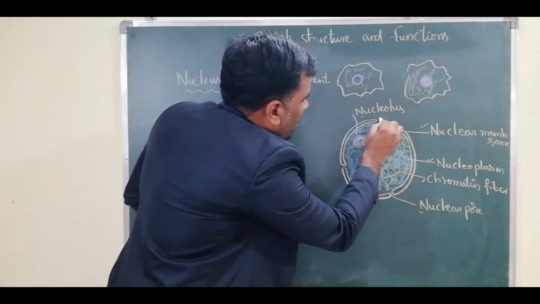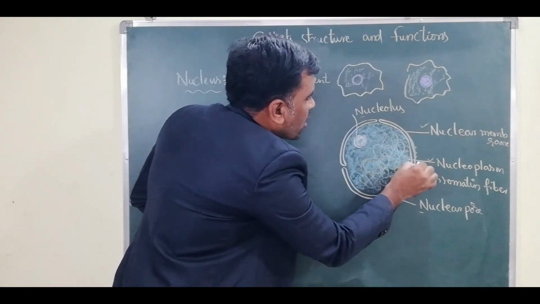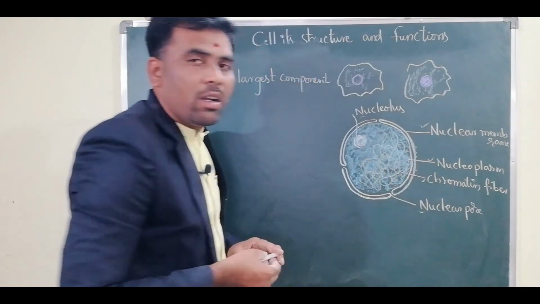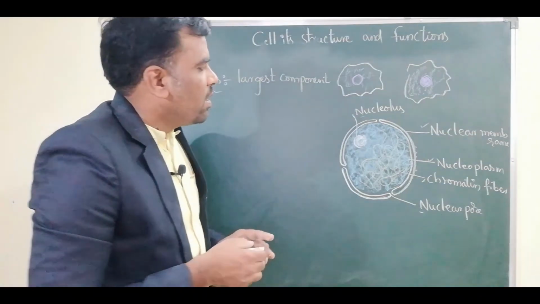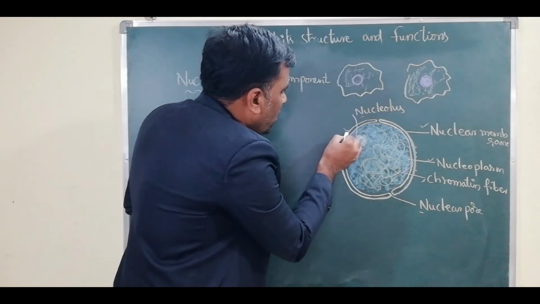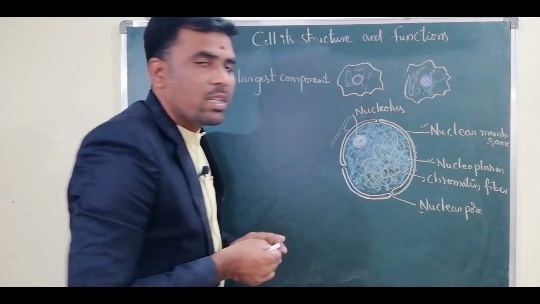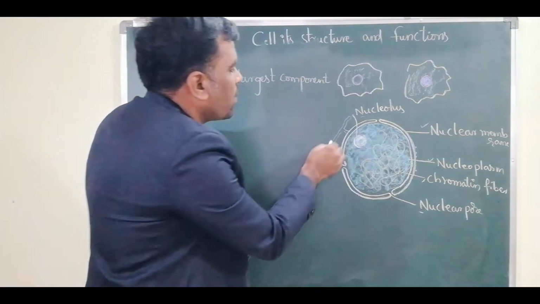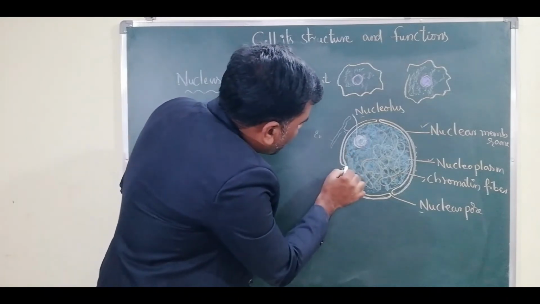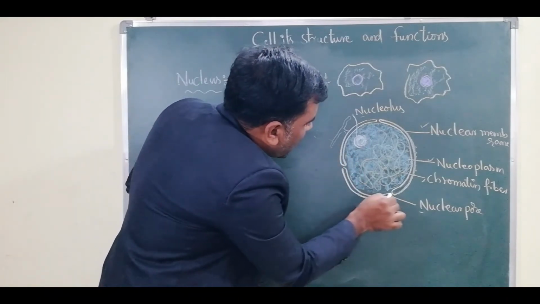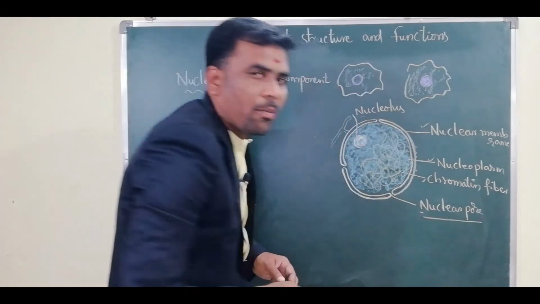The outer membrane has some granule-like structures called ribosomes, which are helpful in the preparation of proteins. Next to the outer membrane there is a network system, the endoplasmic reticulum. Here and there the nuclear membrane leaves some gaps, called nuclear pores.